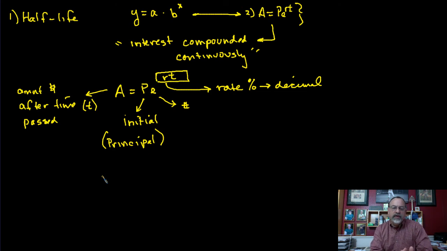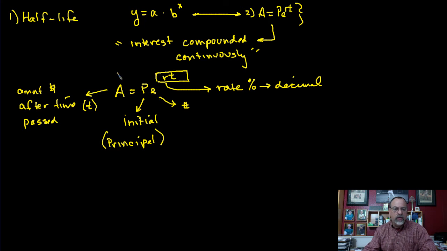In the growth factor, you remember, we had to add 1 to the interest rate, and that became our B value. In this problem, there's no adding 1 to this. We simply put the interest rate, whatever it is, right into the problem for R. R is not a growth factor like the B is, it's the actual rate. So R and T multiplied together are the exponent of this base E.